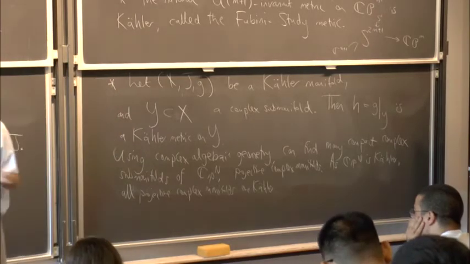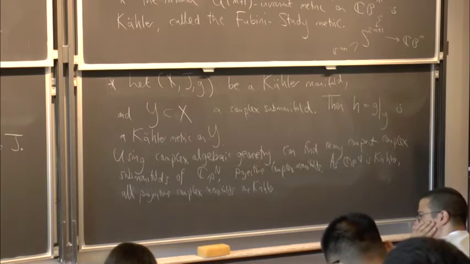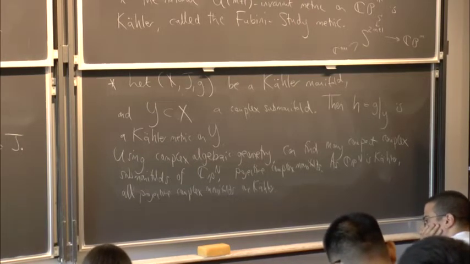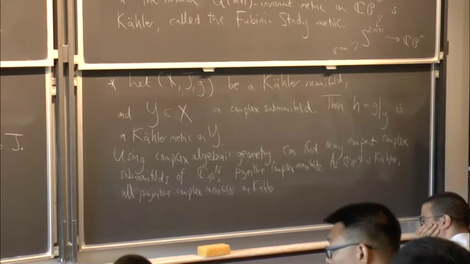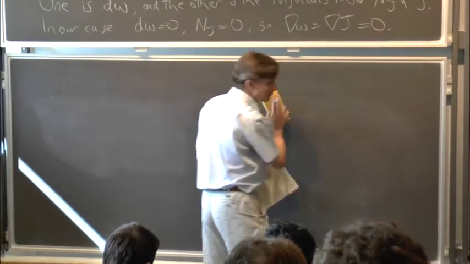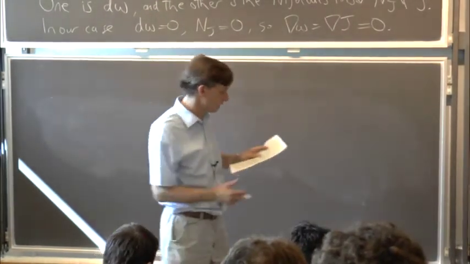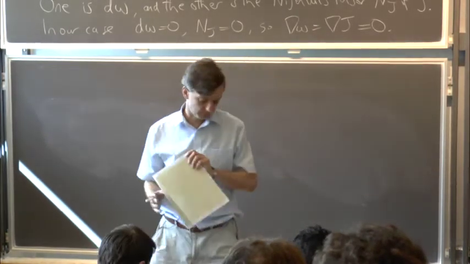But another thing that we'll see later on is that if a complex manifold has one Kähler metric, then it's actually got lots. It'll have an infinite dimensional family of them, and you may be able to find metrics that you like better within that family than the restriction of the Fubini-Study metric, for instance, by prescribing their Ricci curvature.